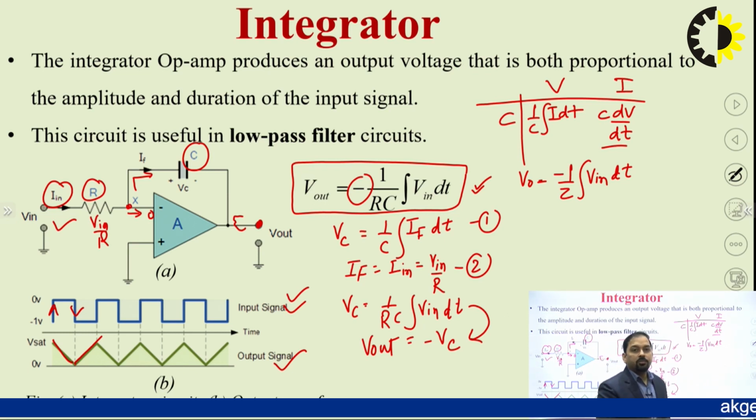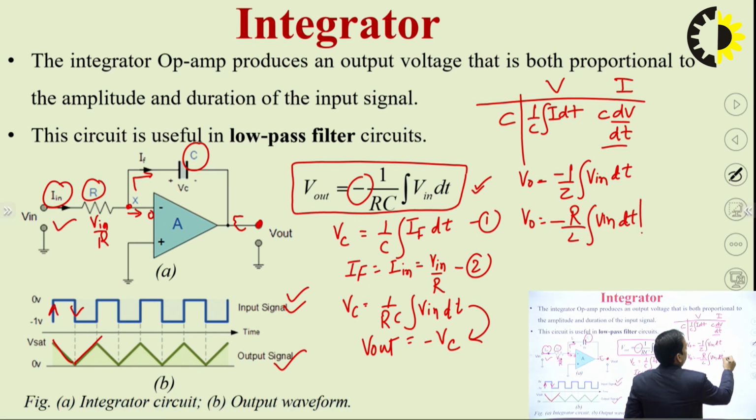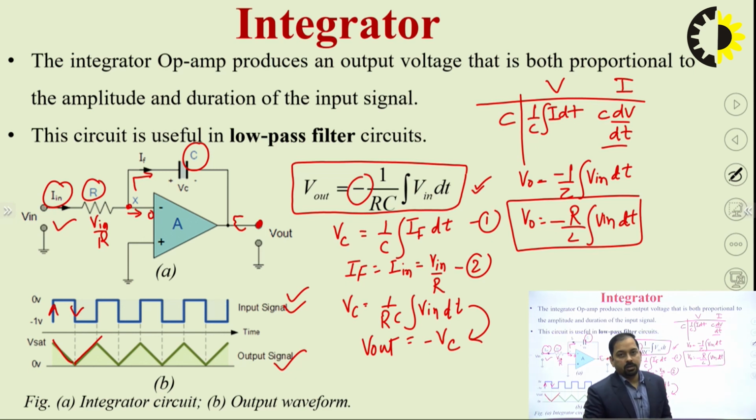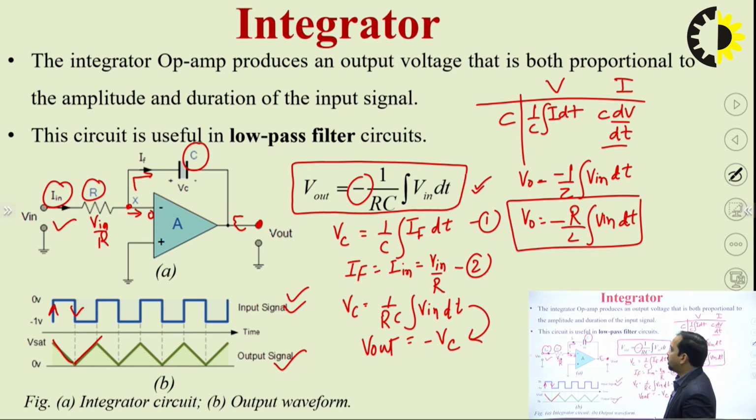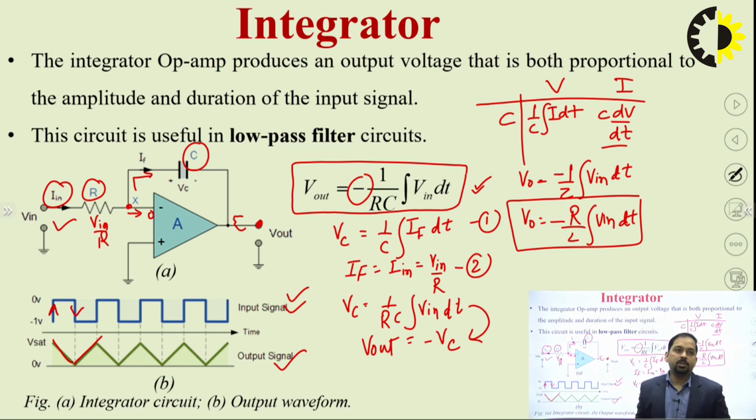Now the time constant for an LR circuit is tau equals L by R. So we can have V naught equals minus R by L integration of V in dt. This expression we can achieve with the help of an inductor. But the only thing is, while making an integrator with the help of an inductor, we need to place the inductor at this particular position and the resistor at this particular location.